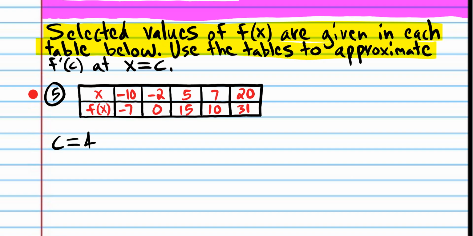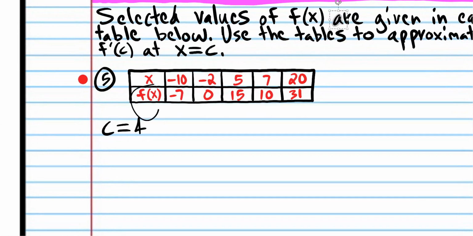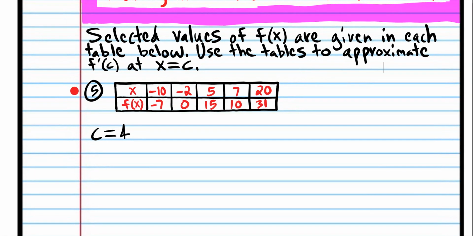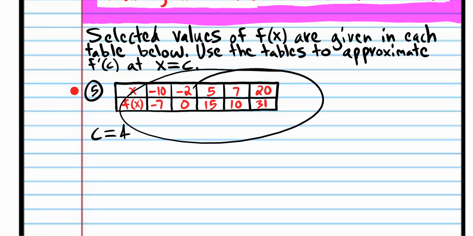Use the tables to approximate f prime of c at x equals c. Okay, so notice that we have limited information. We don't know what f of x is. That's what's different about this problem, is we're only given a table, so we have limited information.